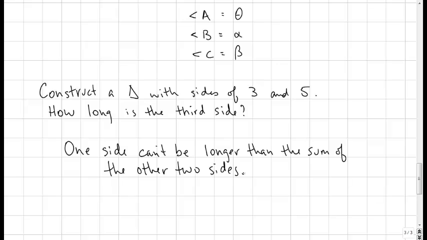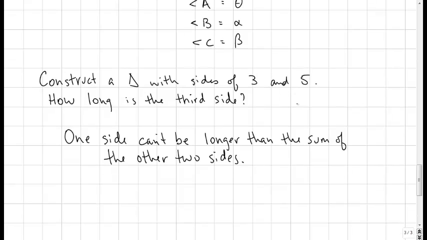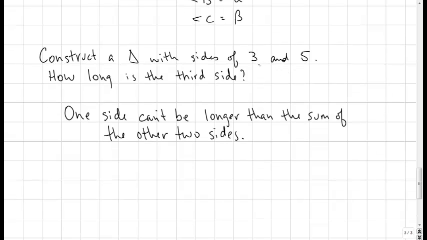Now, we can go to the other extreme, if you like, and think about, well, what if the 5 is the longest side, and the 3 we're trying to connect with another side to make a triangle?